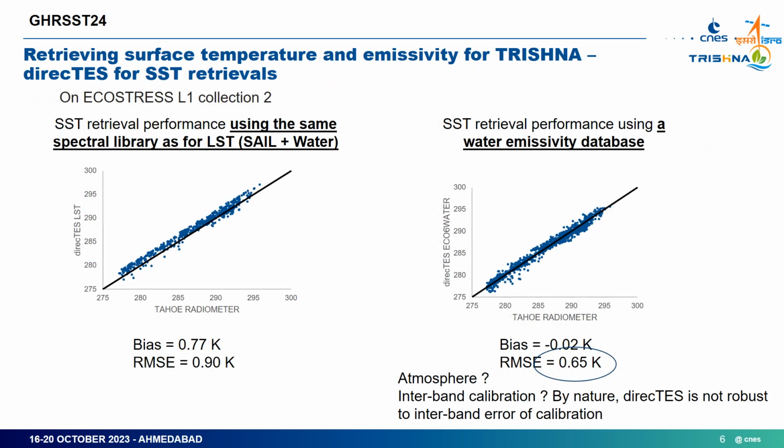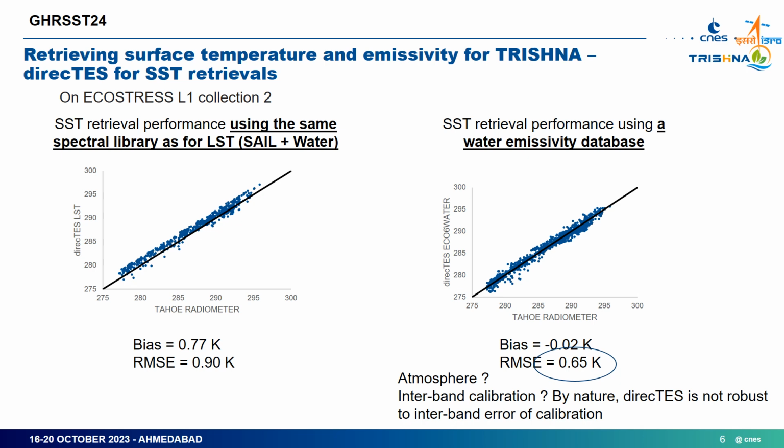We also made a comparison to evaluate the performances to retrieve sea surface temperature on actual in situ data. We evaluated direct test on in situ data measured on Lake Tahoe and kindly provided by the JPL.